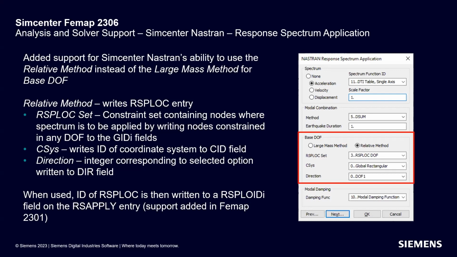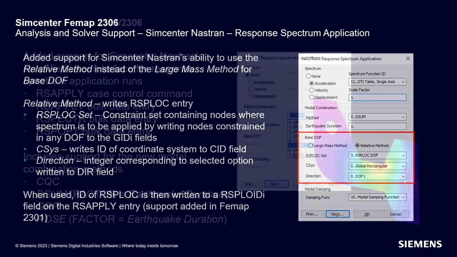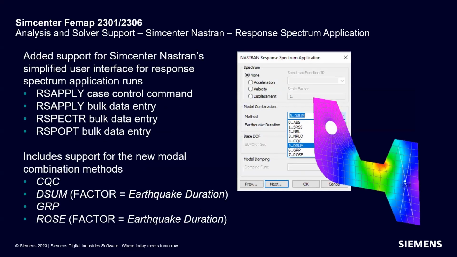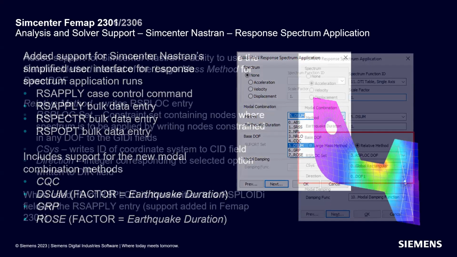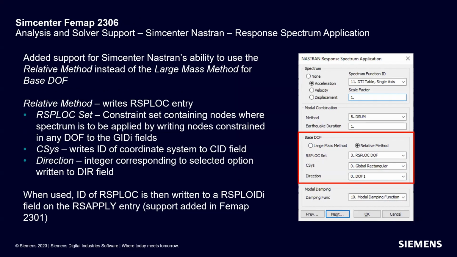When we're using the relative method, you use this RSPLOC entry, you do the coordinate system, you specify direction, and really the whole point is that you're supposed to be using this relative method with those new options that I mentioned on this slide, the ones down at the bottom. Basically, those new modal combination methods, the whole idea is to use the relative method instead of the large mass method for response spectrum application using those new methods.